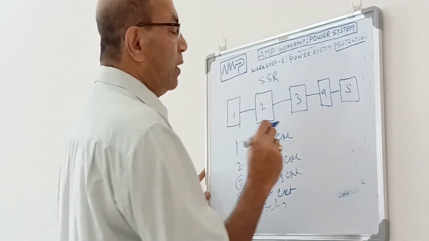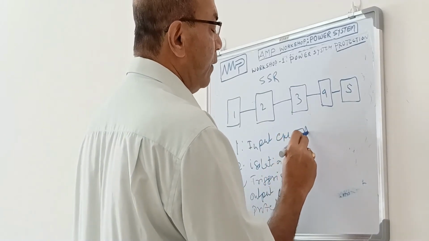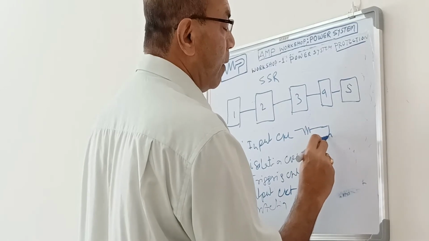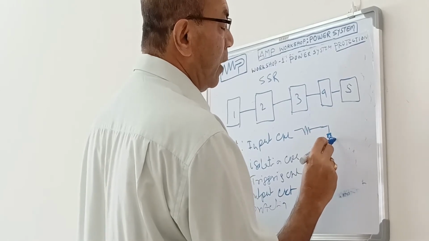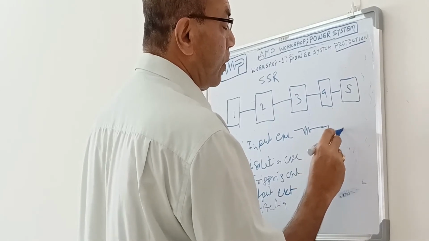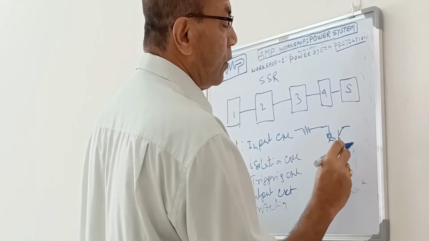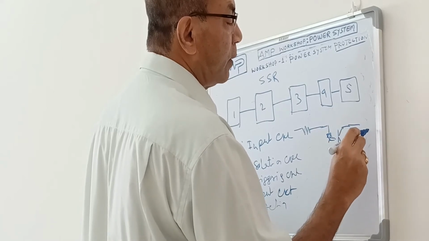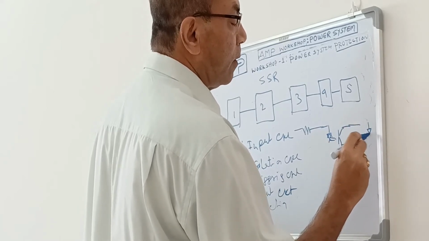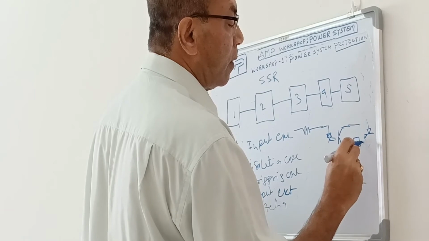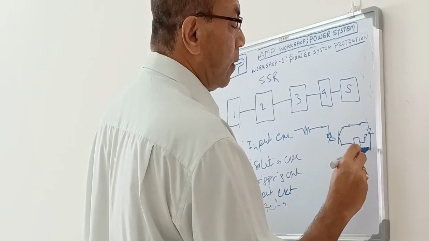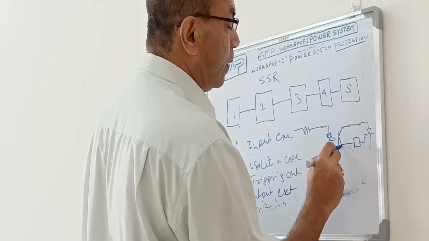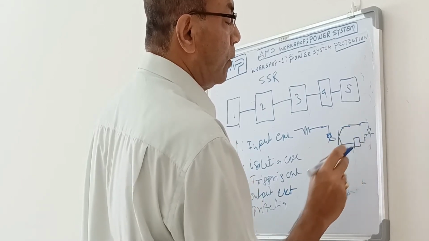I can draw a typical solid state relay here. This is a resistance, and then we have an optical diode. Suppose this is a transistor. It goes to a filter circuit, then to an SCR, and then to the SCR triggering.